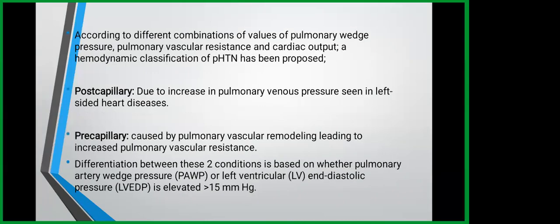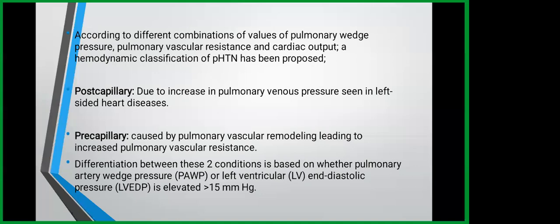Now, pulmonary hypertension is classified according to different combinations of hemodynamic values, and a hemodynamic classification has been proposed. It is now divided into pre- and post-capillary. Post-capillary is due to increased pulmonary venous pressure seen in left-sided heart diseases, so post-capillary is basically group 2 pulmonary hypertension.